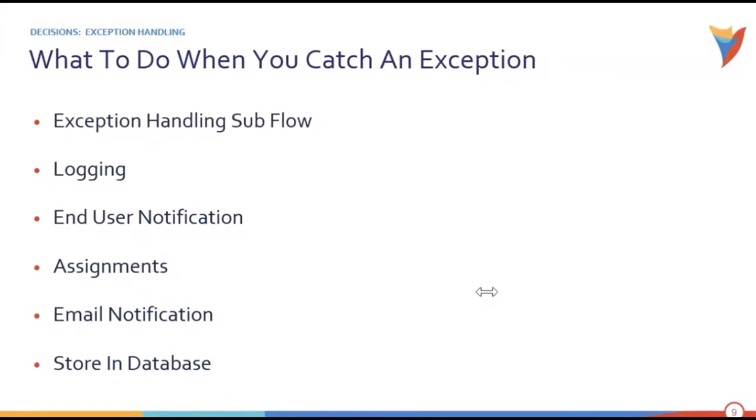When we speak about exception handling subflows, the best practice for error handling is to build a standard subflow that can be reused throughout all the projects. This helps maintain consistency and ensures all our errors are being logged together. So when we use exception handling subflows, always log first.